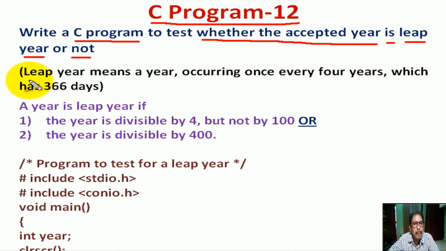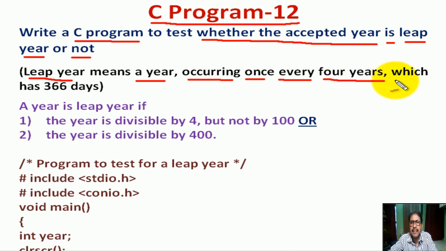What is the meaning of leap year? Leap year means a year occurring once every 4 years, which has 366 days. Leap year contains an extra day.